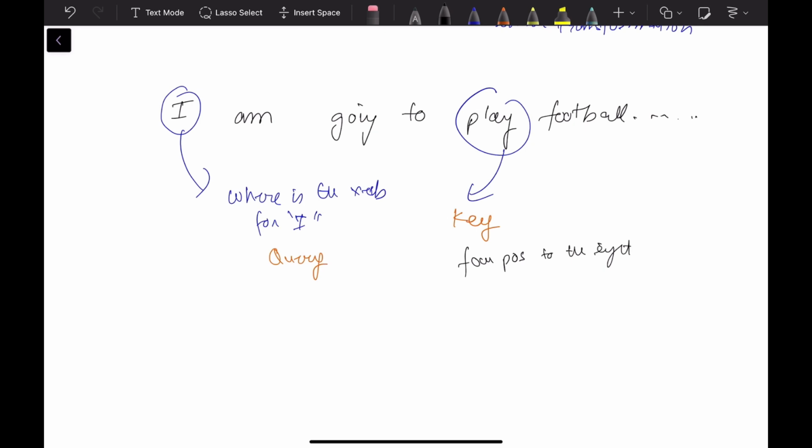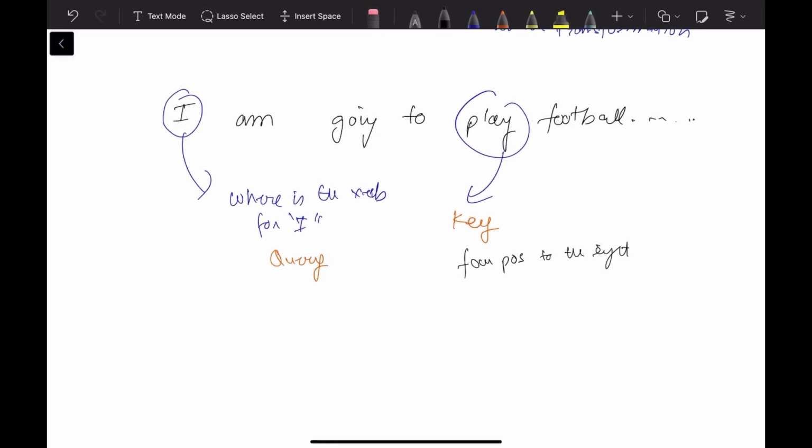There are going to be thousands, and I'm not sure of the magnitude, but a lot of keys and a lot of queries. So what we want is that the model's keys and queries should align such that the key for play directly corresponds with the query for the verb associated with I. And for this alignment to work effectively, we want it to be a linear transformation.